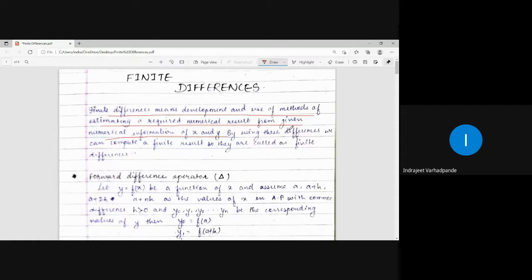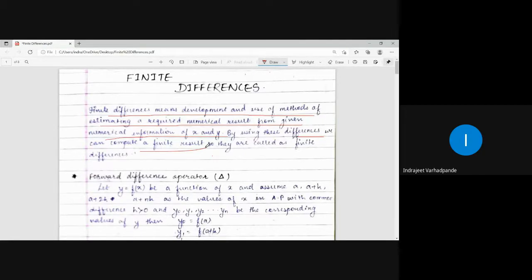By using these differences, the difference between two terms, next minus the previous, we can compute a finite result. We can arrive at a particular result which is a finite or constant quantity, and hence they are called finite differences.